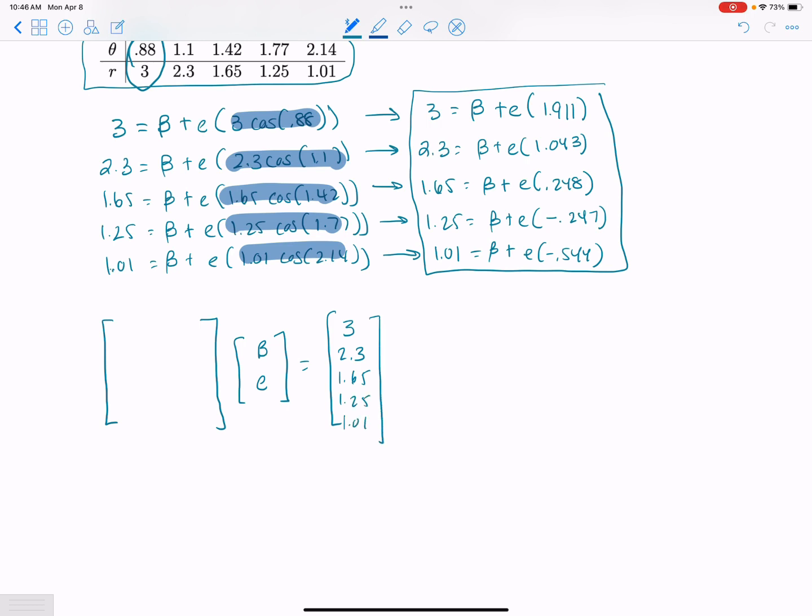And then the matrix A is the coefficients, so it's 1 and 1.911, 1 and 1.043, 1 and 1.248, 1 and negative 0.247, and 1 and negative 0.544. So here's my A, my x, and my b. It's overdetermined, which means x does not exist. There is no solution. So we will solve for x hat using normal equations.